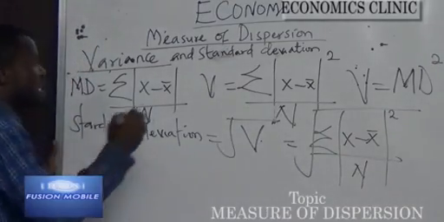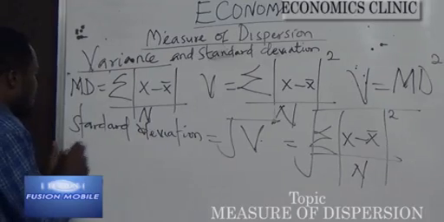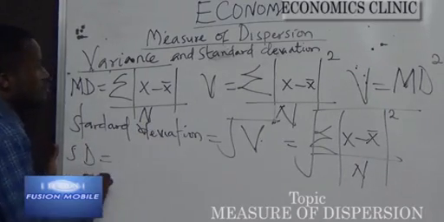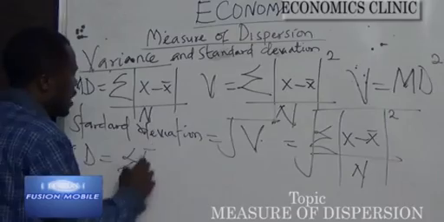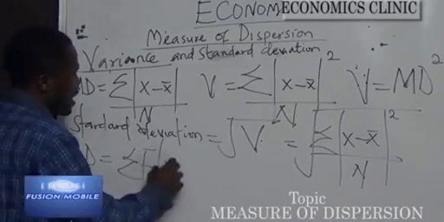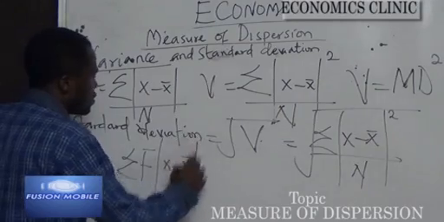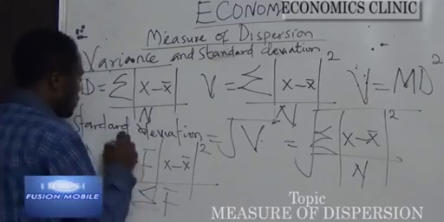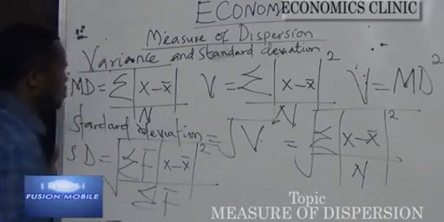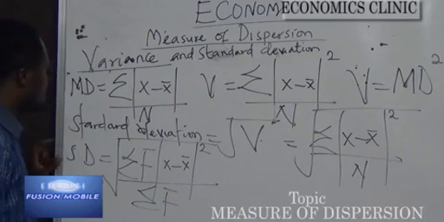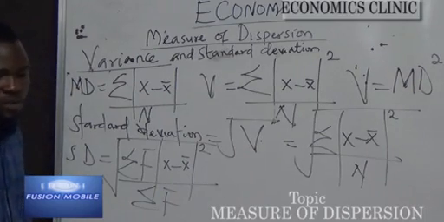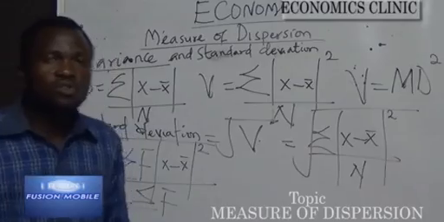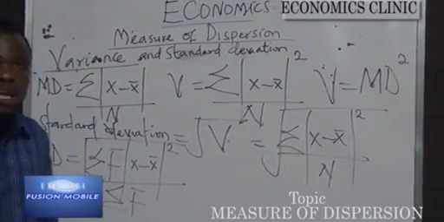But in the case of a table, what we have in standard deviation is summation f times x minus x bar raised to power 2, divided by summation f, all square root. That is for standard deviation. Now we can solve questions to know much more about this.